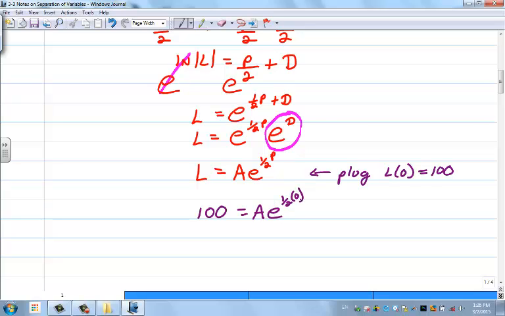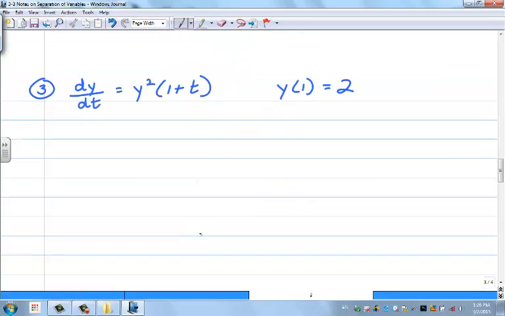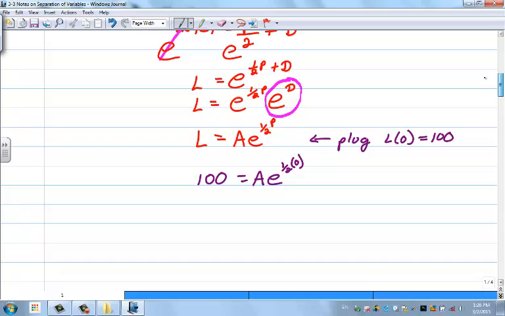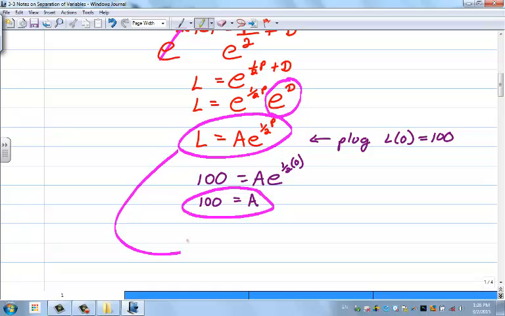Well, e to the 1/2 times 0 is e to the 0. E to the 0 is 1, right? So basically what we end up with is 100 equals A. Now once we have 100 equal to A, all we have to do is combine them together to get our final answer, which is L equals 100 e to the 1/2 p.